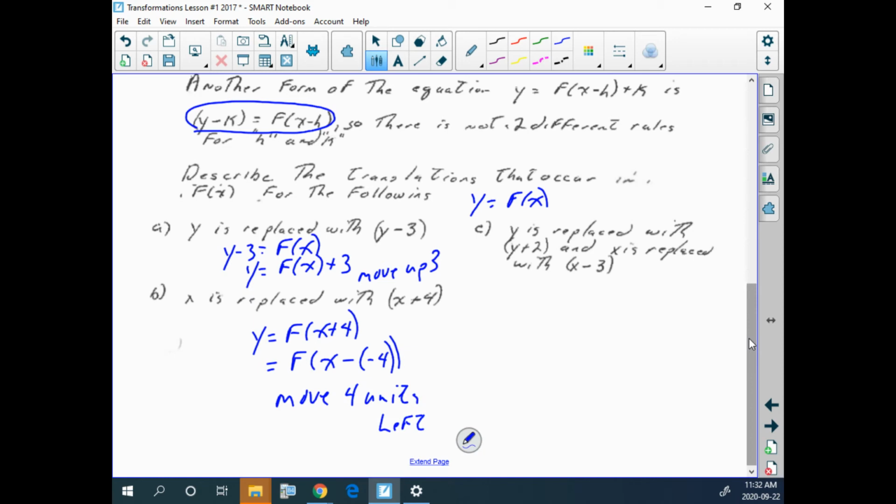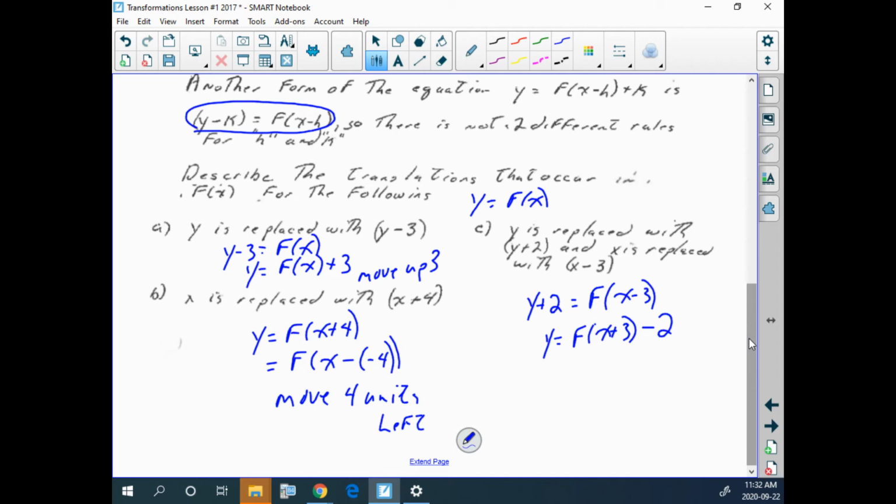And now combining these, y is replaced with y plus 2, and x is replaced with x minus 3. Might be easier in this case to subtract 2 from both sides, just because it gets back to that form that we initially talked about, that form that's very similar to what we used for vertex form last year.